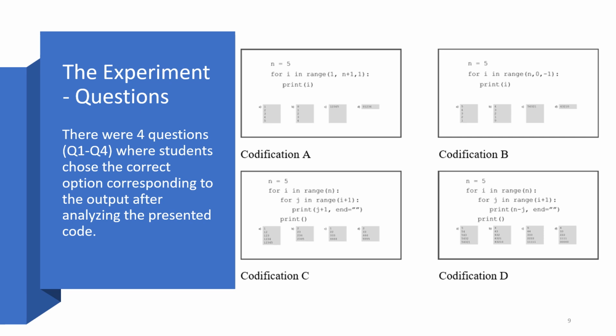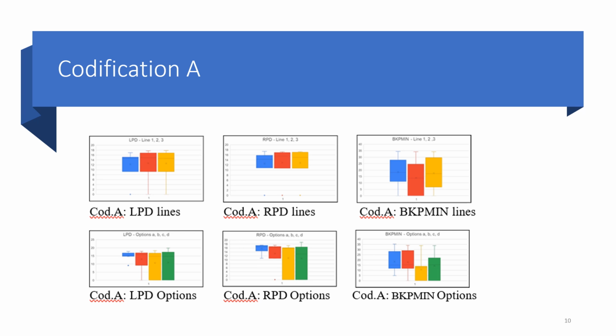Here we have the results of the pupil dilatation in right and left eyes and the blinking per minute.